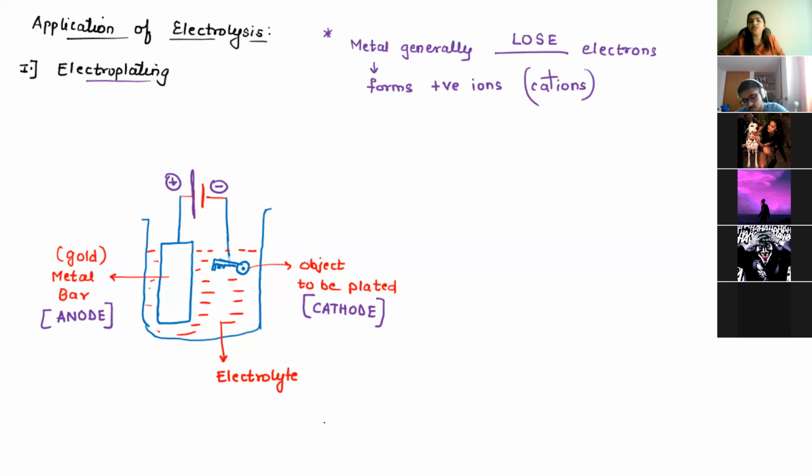Now, what about the electrolyte? You cannot use any random electrolyte over here. So your electrolyte has to be a metal salt solution of the metal to be plated.